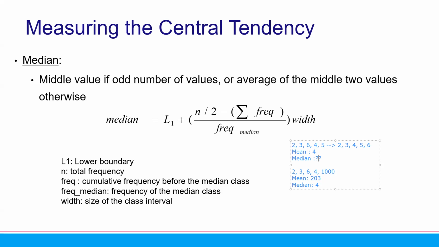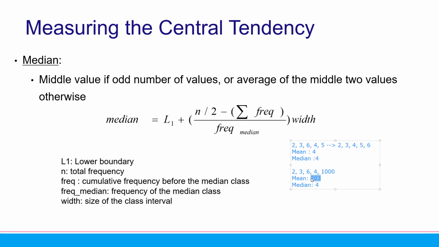Okay. So what you can see from here, when we use the mean, when we use the average, if your data contain noise or if your data contain outliers, the result might not represent your analysis. Okay.